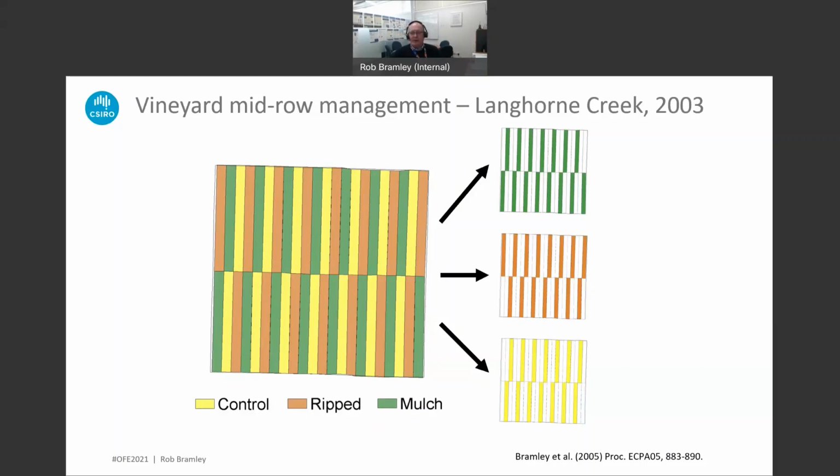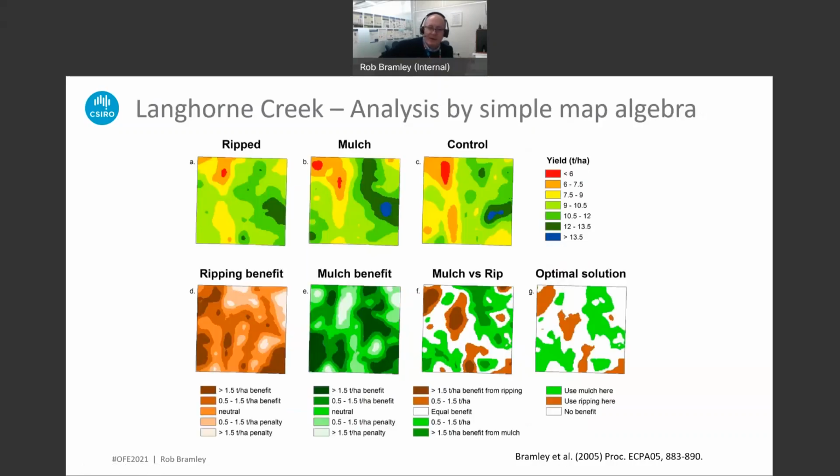And we said to him, well, why don't you do the experiment over the whole of the vineyard? This is about a 7-hectare vineyard. And he thought that was a pretty good idea. And so in partnership with the farmer, we laid down this particular experimental design. The thinking behind it being that in GIS, we could separate out the two treatments and the control and analyze them separately. And indeed, that's exactly what we did.